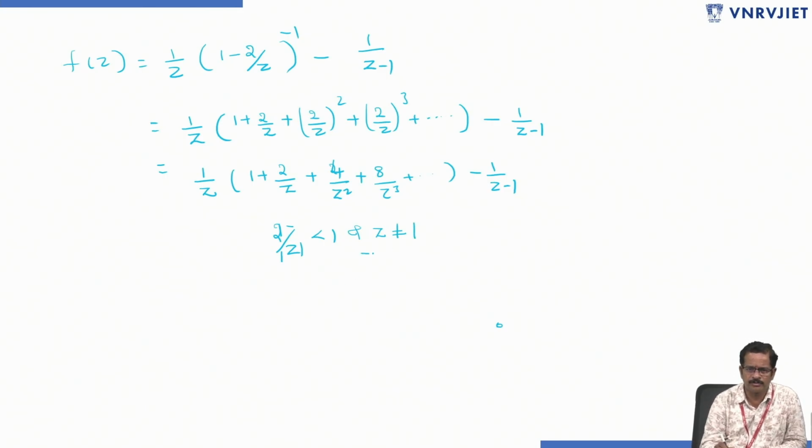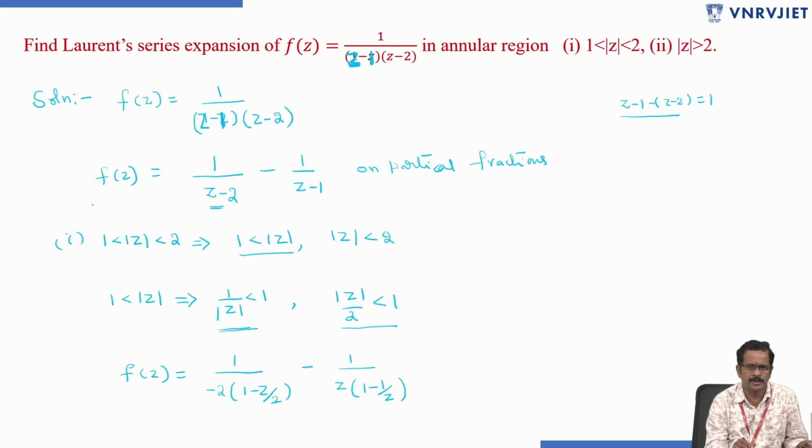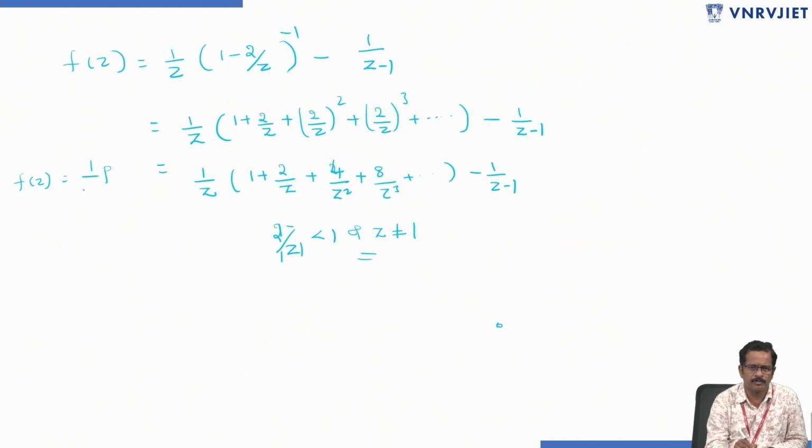So this is the region of convergence. Okay, this is the Laurent expansion in case of f of z equals 1 by z minus 1 into z minus 2.